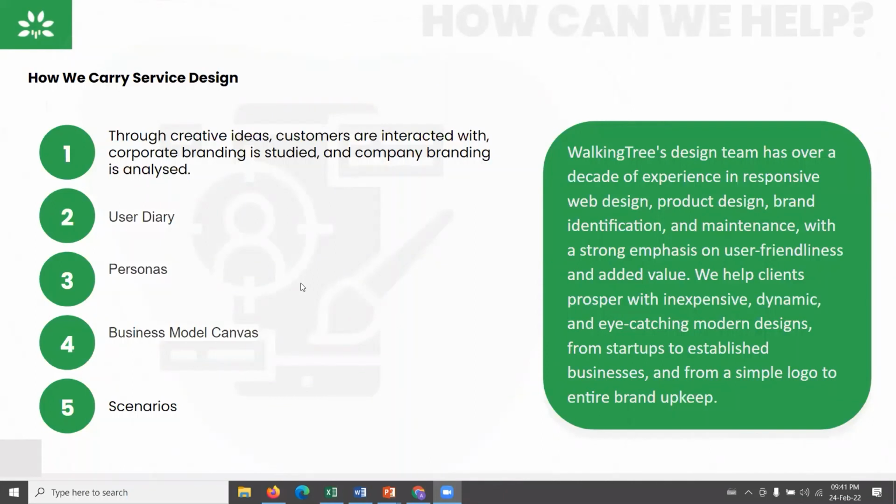Yes, Abhijit, we can hear you. So service design is above customer experience. It will make sure that your customer experience is enriched and consistent, and it gives a consistent experience to the user. So it is definitely above customer experience.